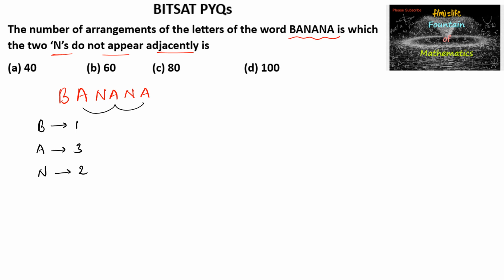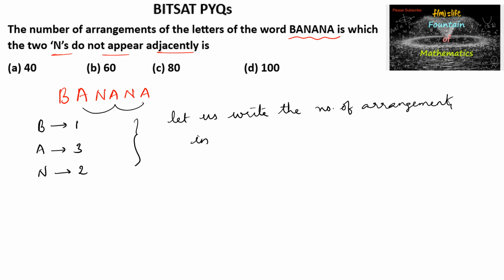let us come to a conclusion. Let us write the number of arrangements in which two N's are always adjacent.